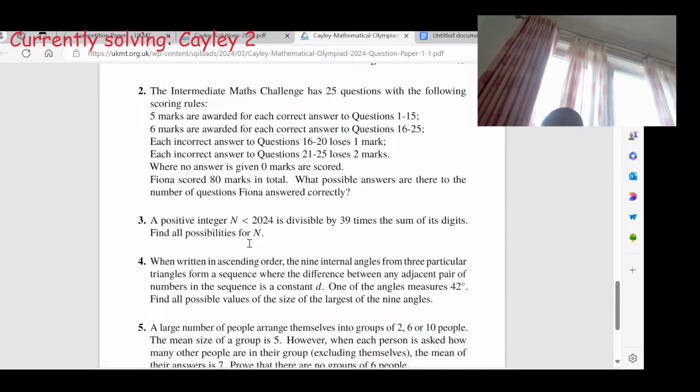If it's a 4-digit number, well, 1989, then A is 1.